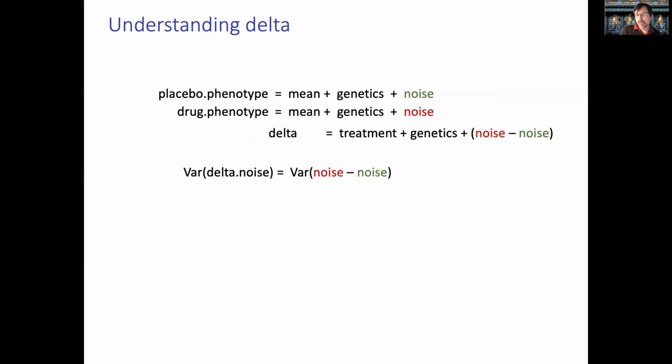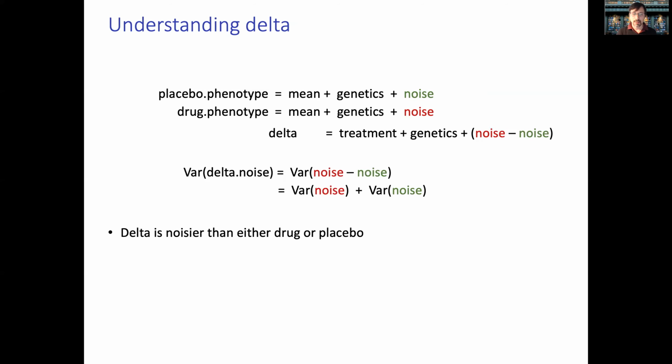If you're used to thinking about variances, then you'll know that when you take one type of noise and you subtract a different type of noise, you don't get less noise, you get more noise. The noises add together in their variance. For that reason, working on the delta is noisier than working on either the drug or the placebo-treated mice.